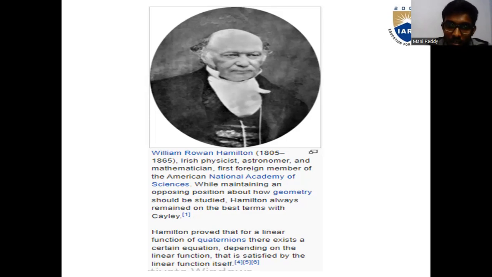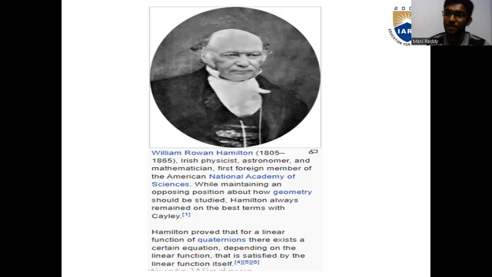While maintaining an opposing position about how geometry should be studied, Hamilton always remained on the best terms with Caley. Caley proved that for the linear function of a quaternion, there exists a certain equation depending on the linear function that is satisfied by the linear function itself.